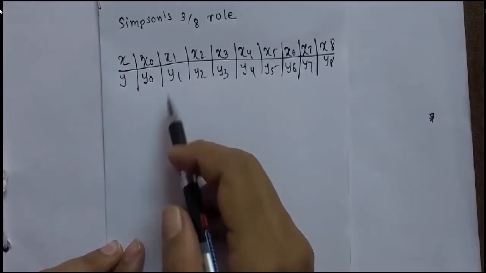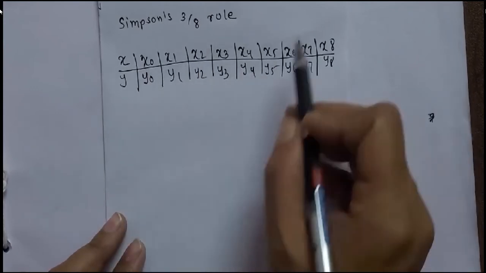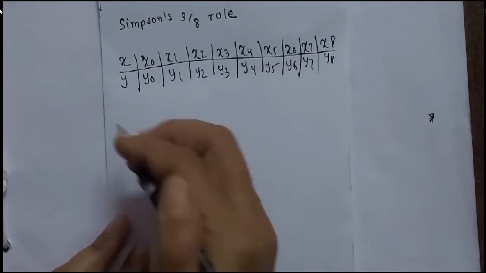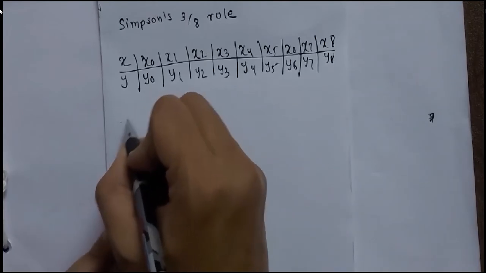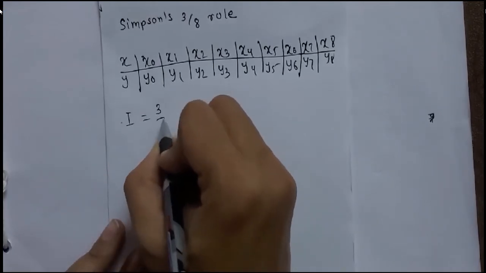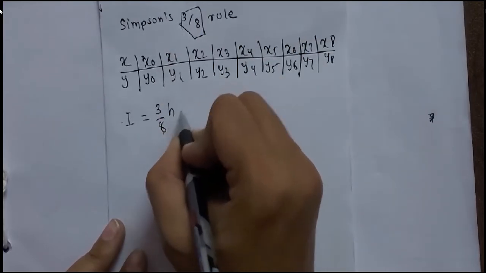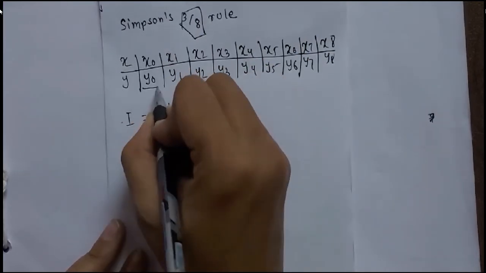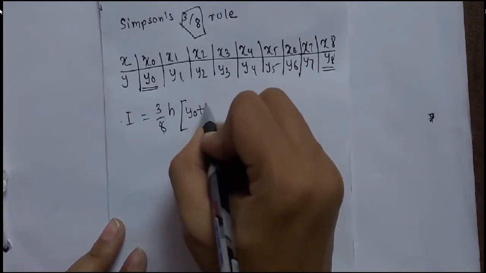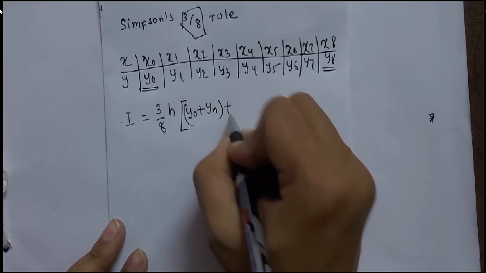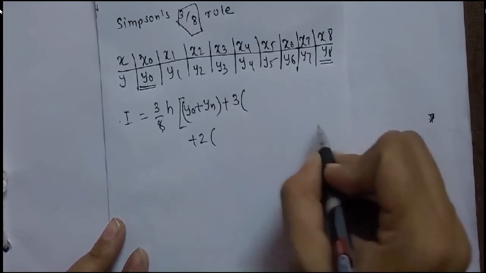Now we are going to see Simpson's 3 by 8 rule. We have the table, so now we are going to write the formula. The formula states that the integral is equal to 3 by 8 times h, times y0 and yn added together, plus 3 times certain values, plus 2 times certain values.